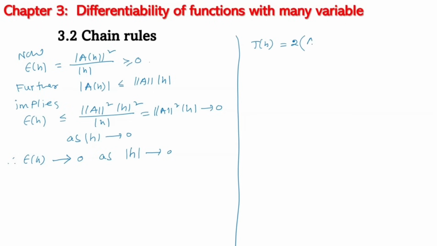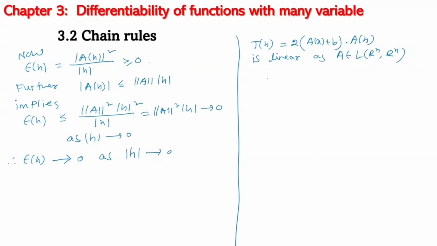And now the next part: T(h) is equal to (Ax plus b) dot Ah, which is linear as A belongs to L(Rn, Rn).